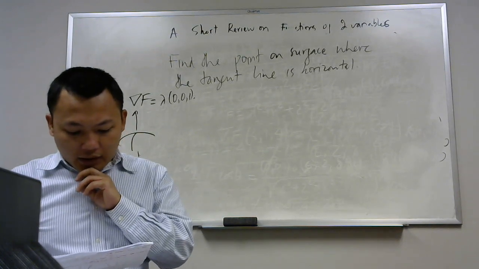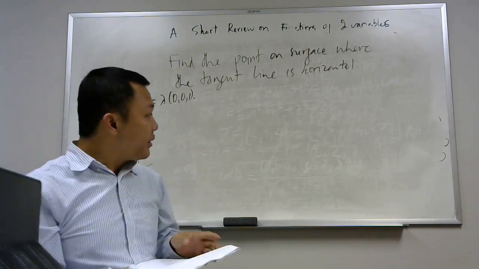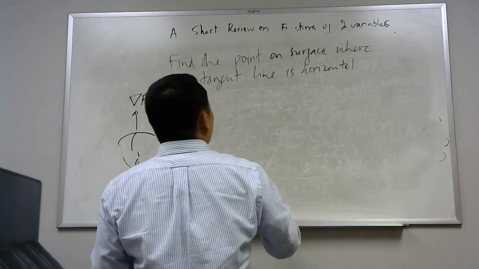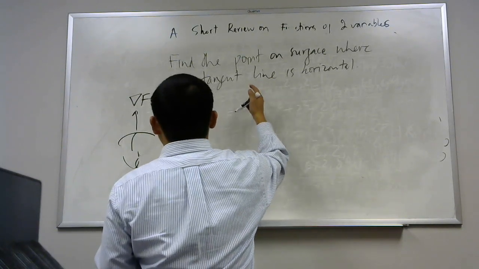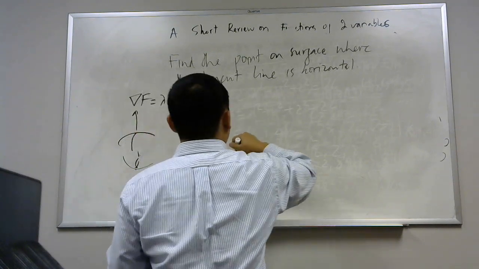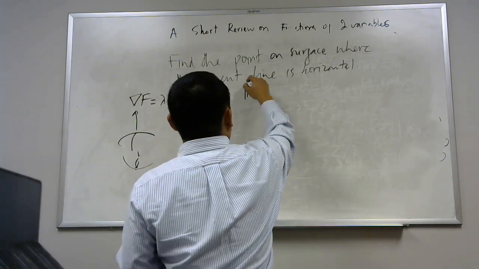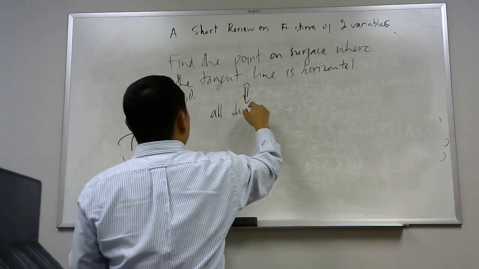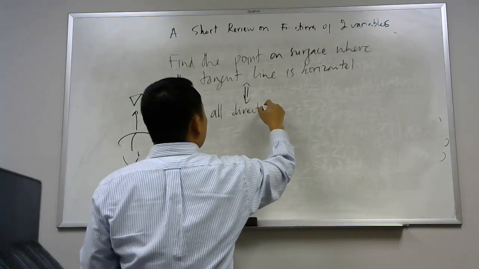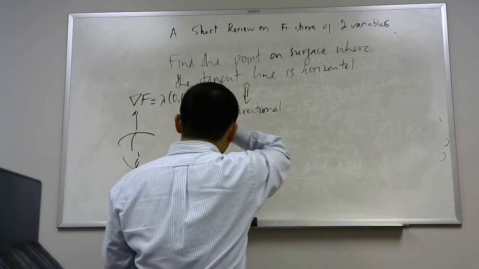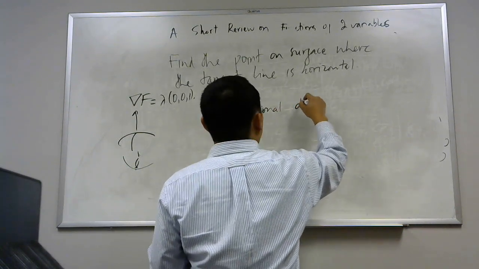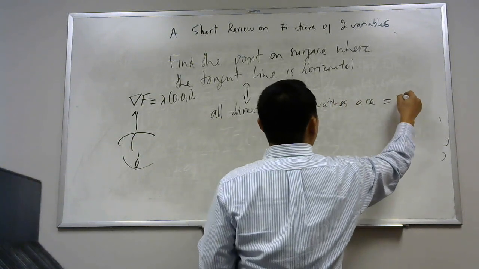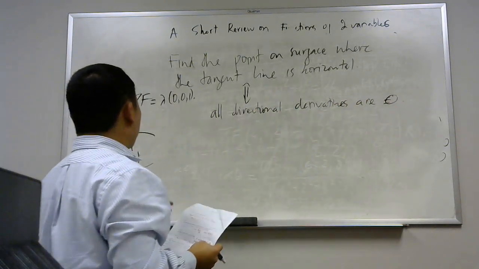Okay, so basically we have to find where all directional derivatives are 0. I write here this is equivalent to all directional derivatives are 0.